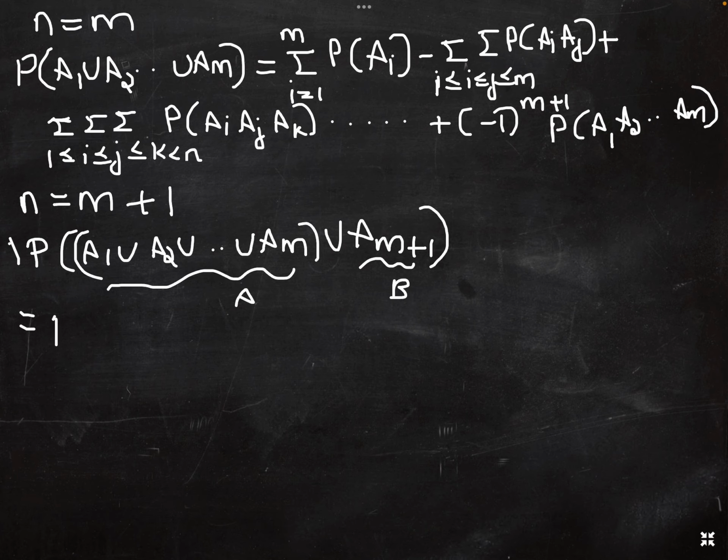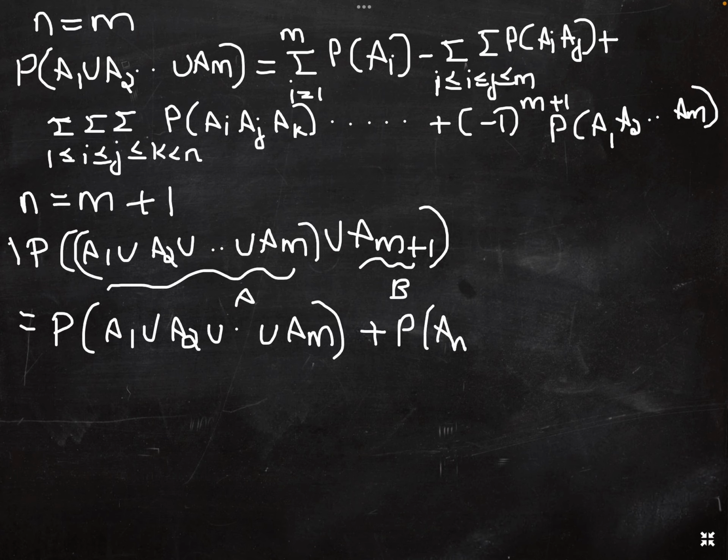That is P of A1 union A2 union etc. union Am plus P of Am plus 1 minus P of A1 union A2 union etc. Am intersection Am plus 1.